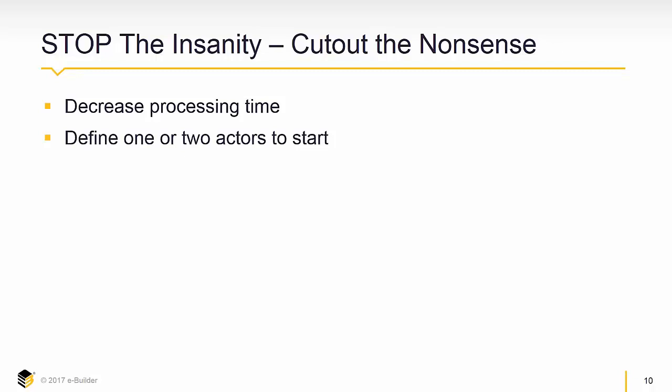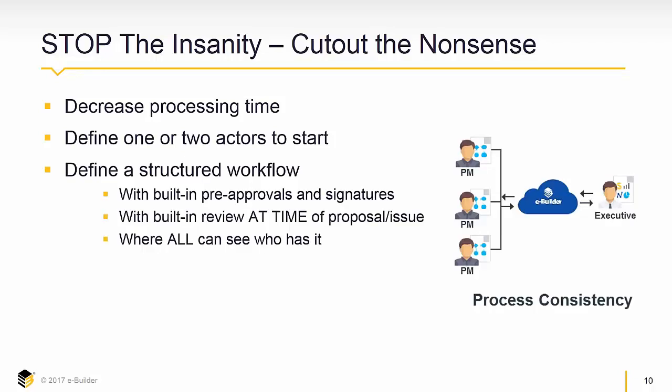We wanted to make sure we knew the 1 or 2 people who start these all of the time. We wanted a defined, structured workflow so that we didn't have to rely upon the memories or the knowledge of the people on each project each time to make sure all of the pre-approvals and signatures are obtained in a timely fashion, and in a way where we can see exactly who has it when.